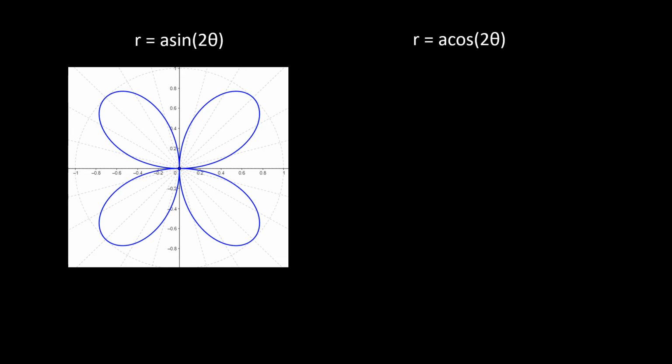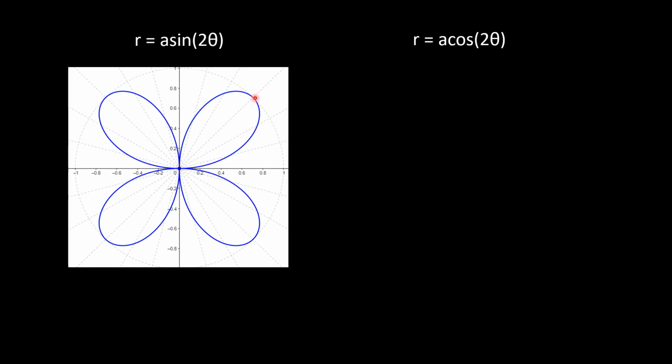Next, the graph of r equal to a sine 2 theta and r equal to a cosine 2 theta. So here is the graph of r equal to a sine 2 theta. Notice that when theta is 45 degrees, 2 times 45 is 90, and sine of 90 is 1 times a, or r equal to a.